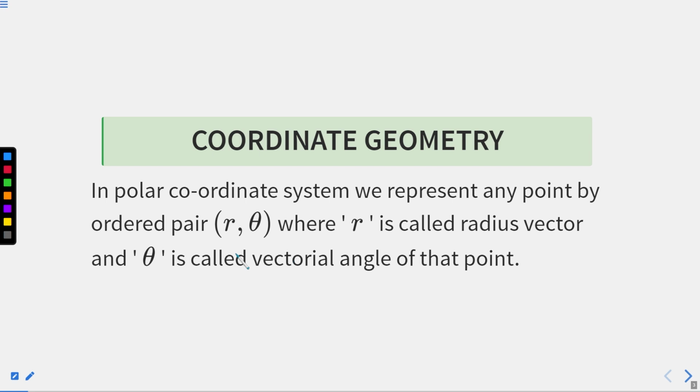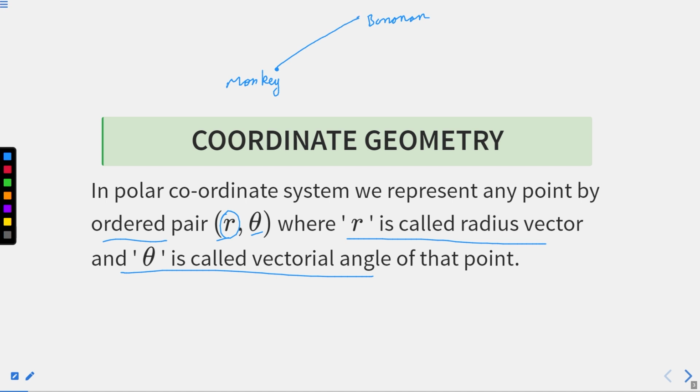In the polar coordinate system, one represents the ordered pair by r and theta, where r is the radius vector and theta is called the vectorial angle. Example: taking the previous example, suppose the monkey is here and the banana is here. The radius vector r means the distance between the monkey and the banana.